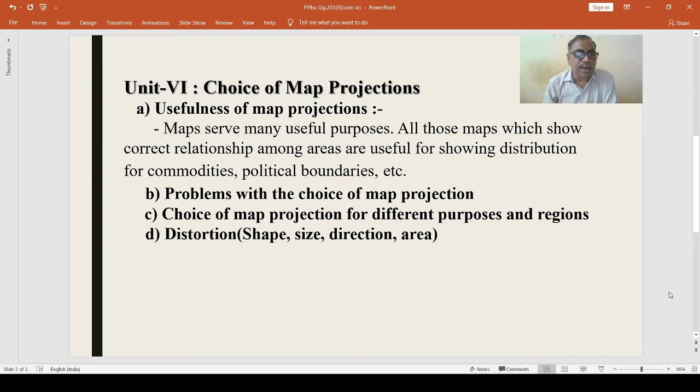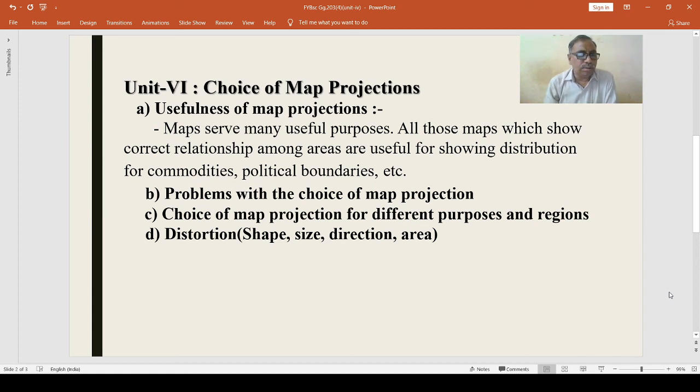Size of the area diminished away from the center of projection. Then about the conical projection with one standard parallel, away from the standard parallel, areas are exaggerated and shapes are distorted. Zenithal polar gnomonic projection: the shape is distorted and areas enlarged away from the center of projection.